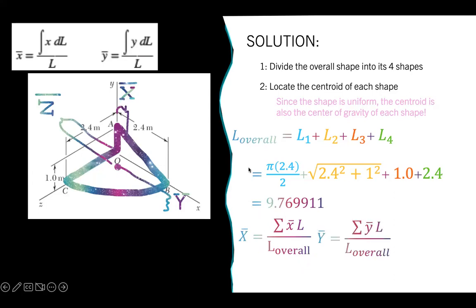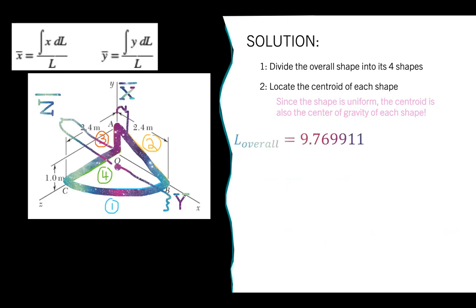And then we can define the y centroid and the z centroid of the overall wire in a similar way. Plugging in our given quantities, we now know that L over all is equal to 9.769911.